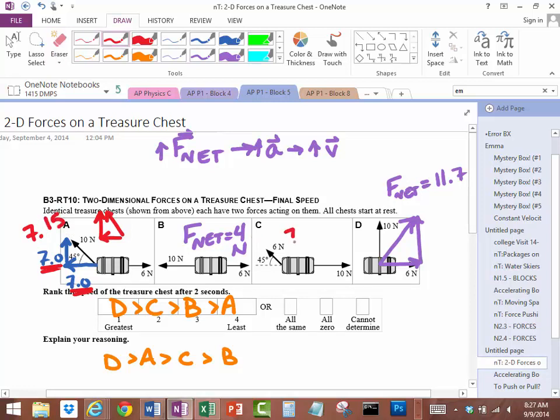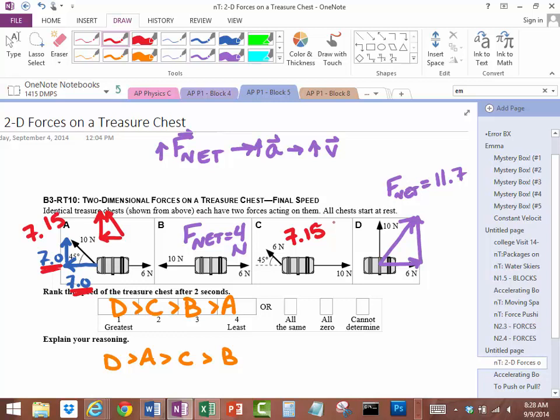Go this way. And you should. All right, I'll show you. So 6 is the projection. So there'll be 7 point something. It's close, but not quite.